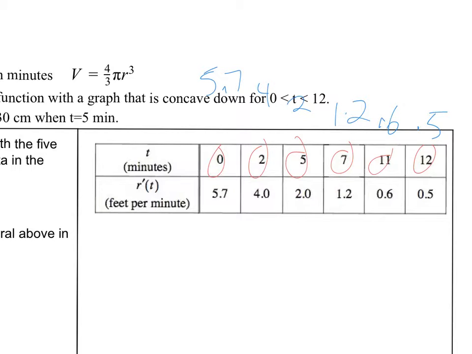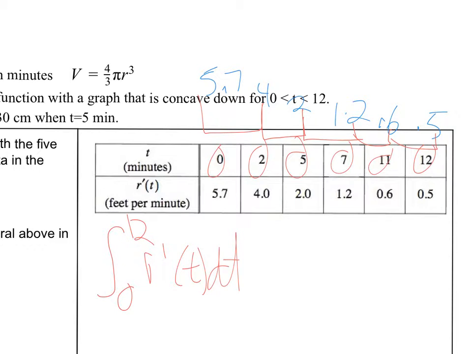So my rectangles are going to go like so, like so, like so, and so on. And it's a right Riemann sum. So if I'm going to do a right Riemann sum, it says do the integral from 0 to 12 of r prime of t dt.